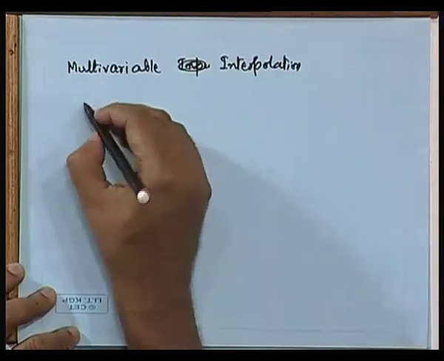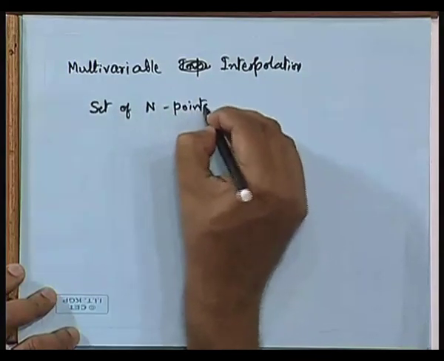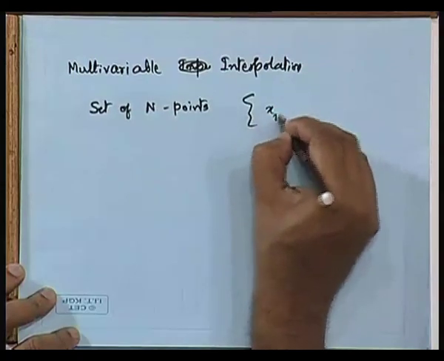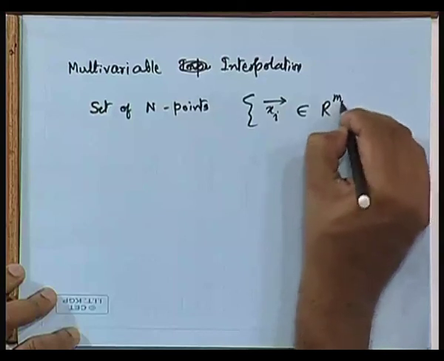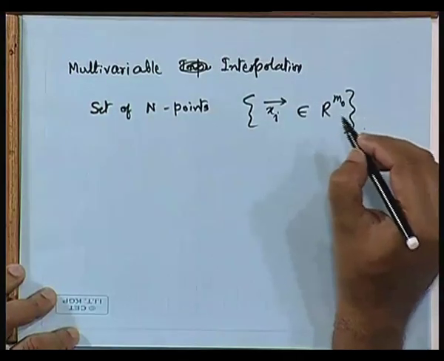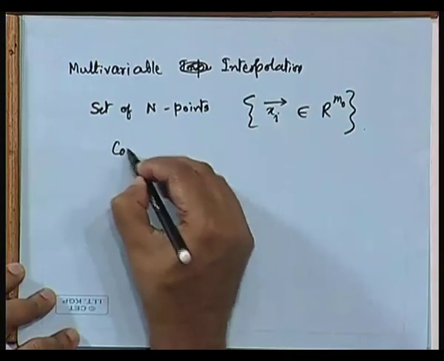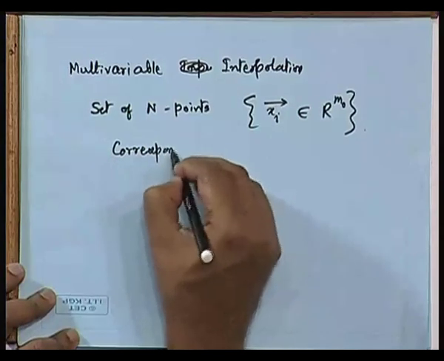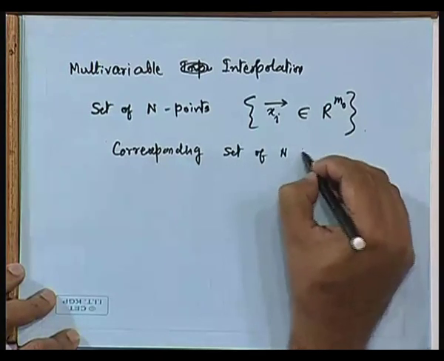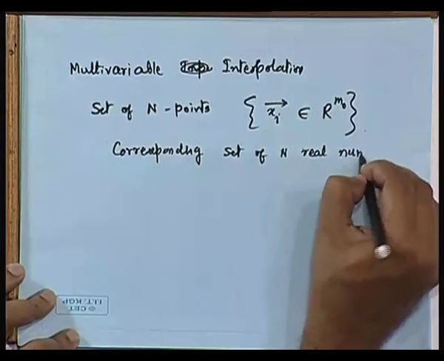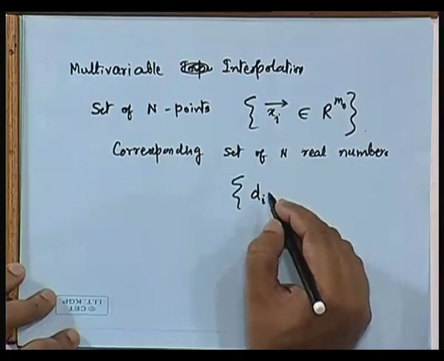We have got a set of n different points, which constitutes this set: the set of xi which belongs to the M0 dimensional space, because M0 is the dimensionality of the inputs, and we also take a corresponding set of n real numbers, the set of di's.